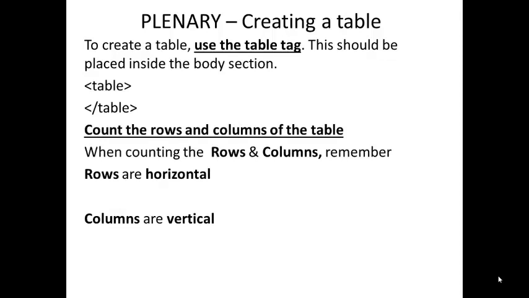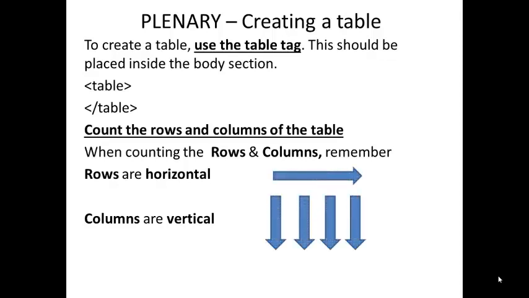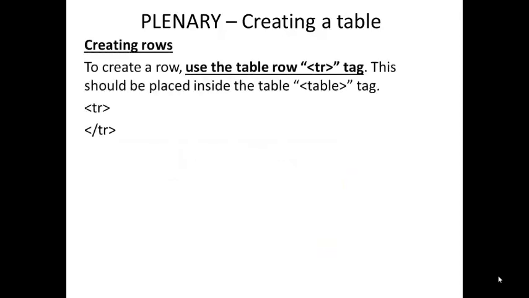To create a table, we use the table tag. You open it and you close it. After that, you count the rows and columns of a table. Always remember, rows are horizontal, columns are vertical. You use the TR tag to create your table row.